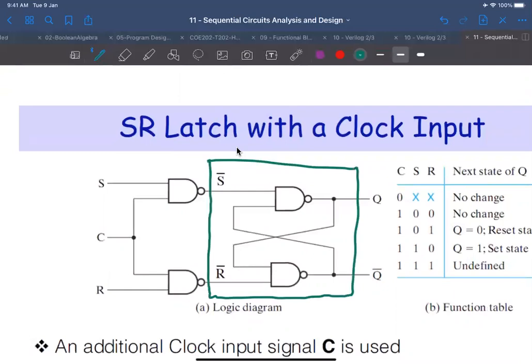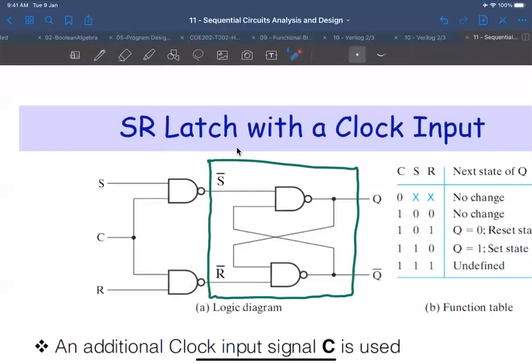What is inside the box here? What type of latch is this? It's a NAND S complement, R complement latch, right? And we are preceding it by these two NAND gates.